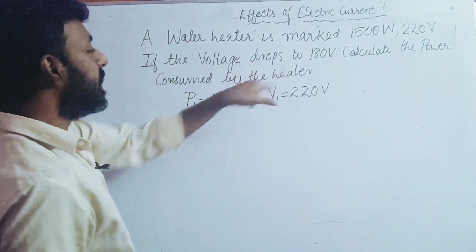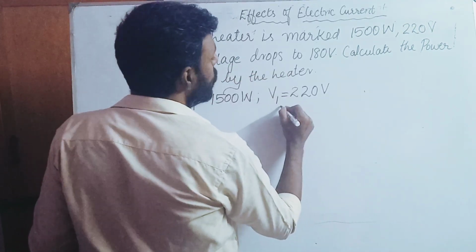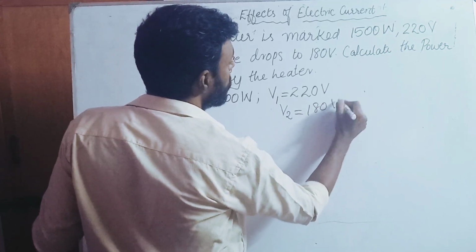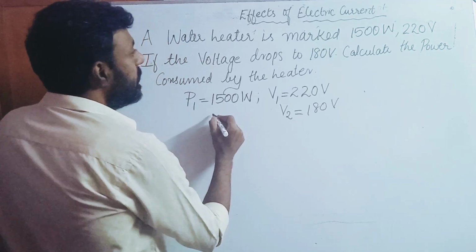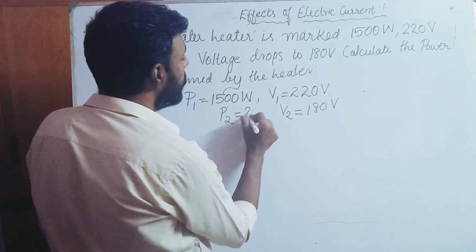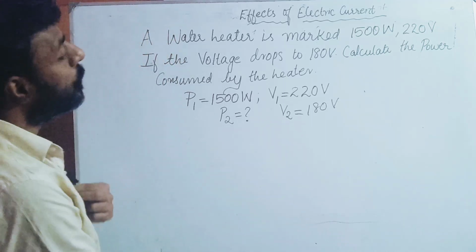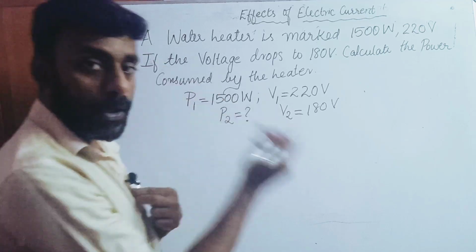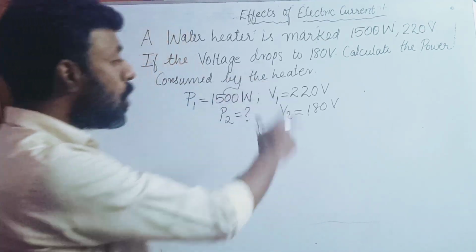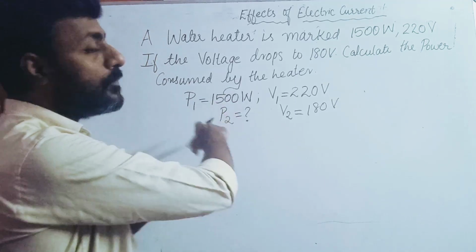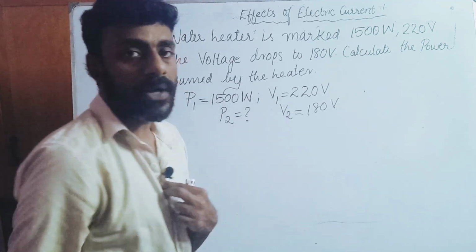In the second stage, we have V2 as 180 volts, and we need to calculate the power, that is P2. P2 is the quantity that we need to calculate. So we have three values and one unknown, P2. We need to figure out an equation that accommodates all these values, and with that equation we can find the unknown quantity.